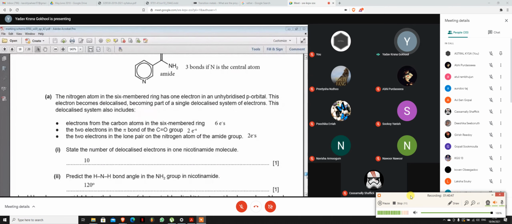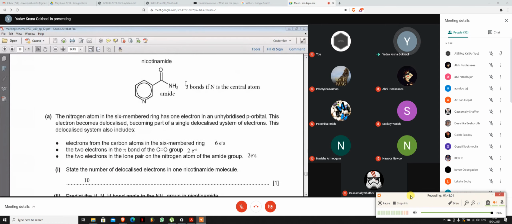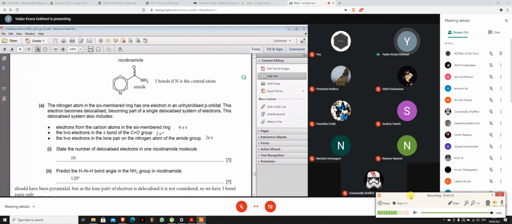Here, this is something new. Predict the H-N-H bond angle in the NH2. Okay, so actually, here in the NH2, right, you can see you have one bond with hydrogen, second bond with hydrogen, third bond which is going to this carbon. Third bond is coming to this carbon over here.